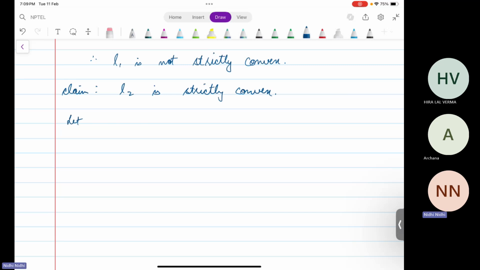Now let u not equal to v, sorry, u and v belong to L2 such that their norms are equal to 1. So can you tell me whether these vectors can be linearly dependent? Can anyone tell me whether these vectors will be linearly independent or dependent?